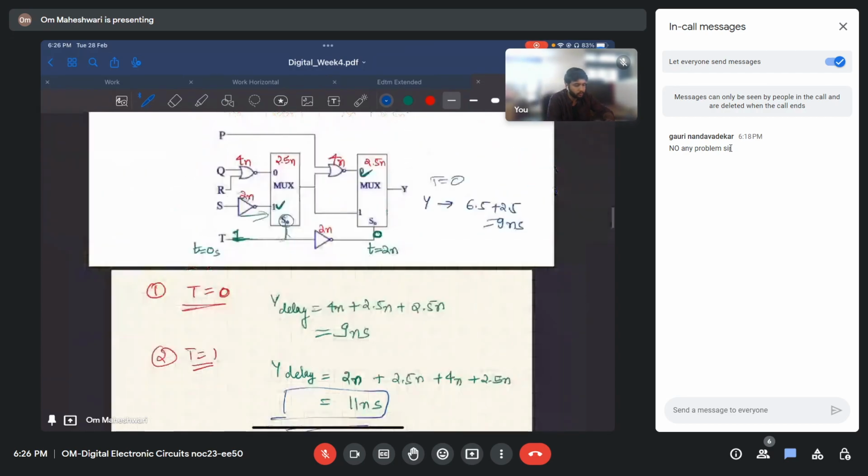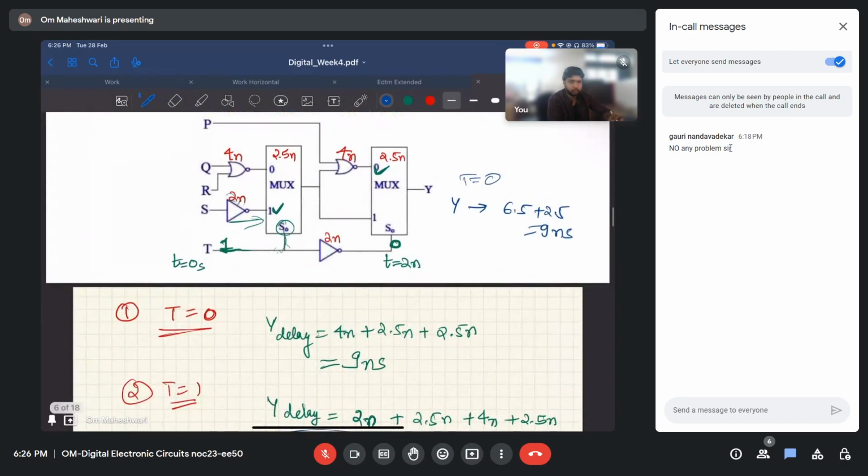Is there any doubt in this part? Okay, so I suppose there is no problem.